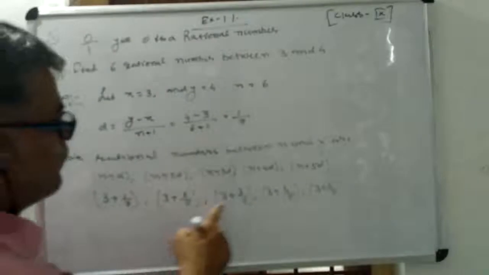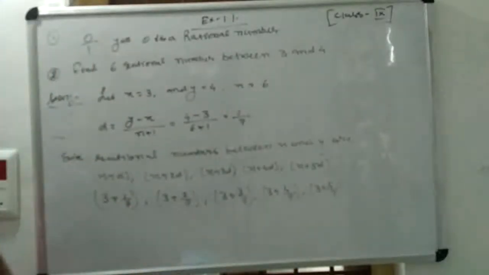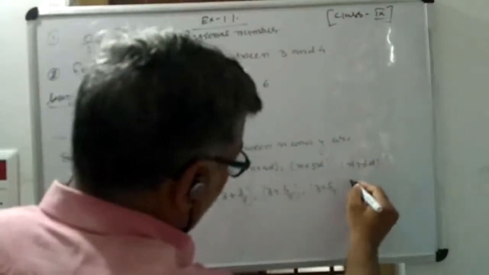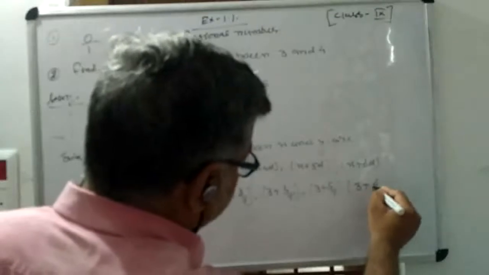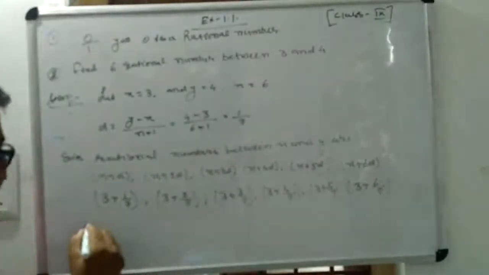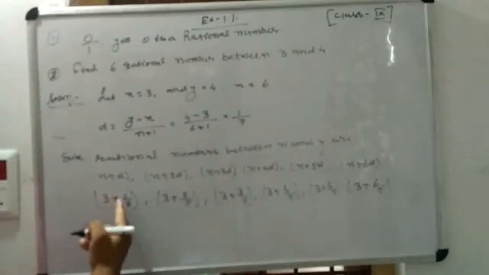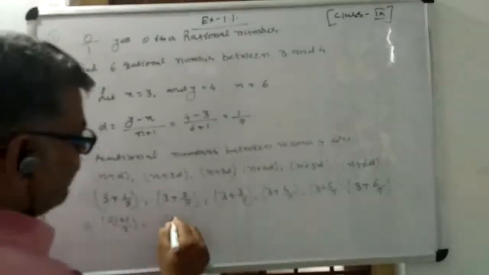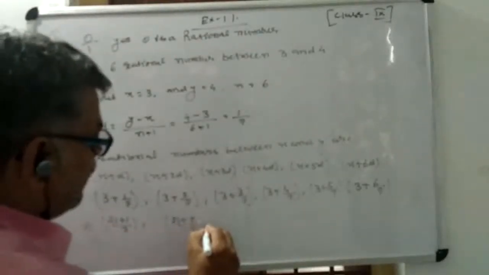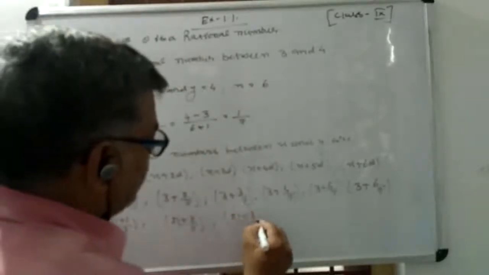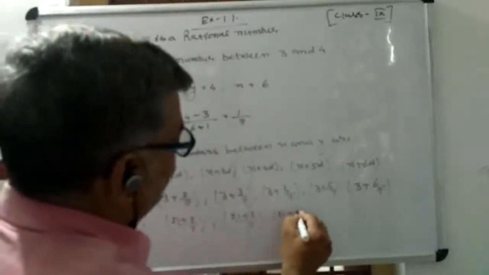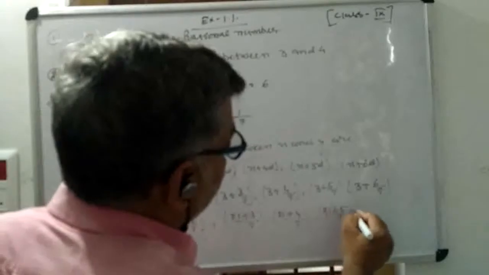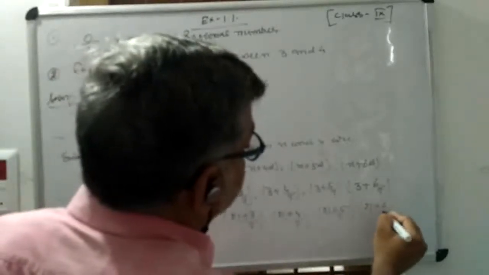That is only 5 rational numbers, and we need 6. So we add one more, x plus 6d. So it will be 3 plus 6 by 7 also. Now add it all together. 7 3s are 21, plus 1 by 7, 21 plus 2 by 7, 21 plus 3 by 7, 21 plus 4 by 7, 21 plus 5 by 7, 21 plus 6 by 7.